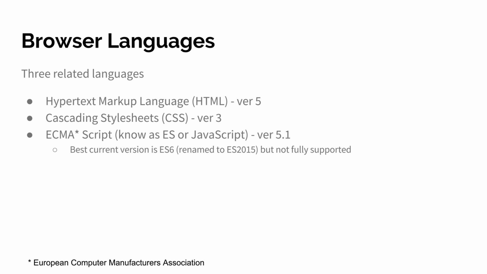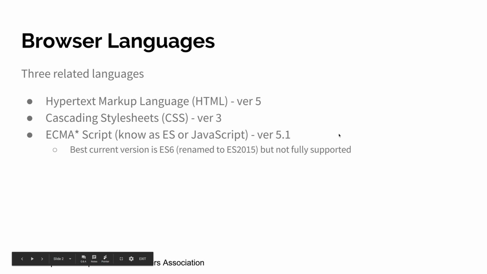Now, technically, JavaScript is an implementation of ECMA script, and there are other ones. There's JScript, there's VBScript. None of the other ones have any popularity anymore. These days, everybody works with JavaScript, but the standard that defines how the language works is ECMA script, and sometimes it's just called ES for short.